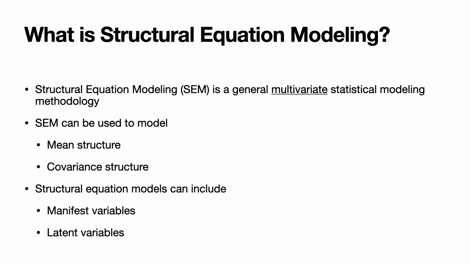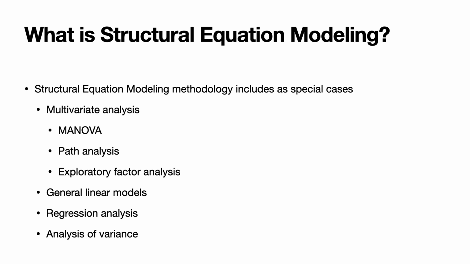Structural equation modeling, or SEM, is a general multivariate statistical modeling methodology. It can be used to model the mean structure of your data, but can also be used to model the covariance structure in your data as well. And that's really where the power of structural equation modeling comes in. Structural equation models can include manifest variables as well as latent constructs.